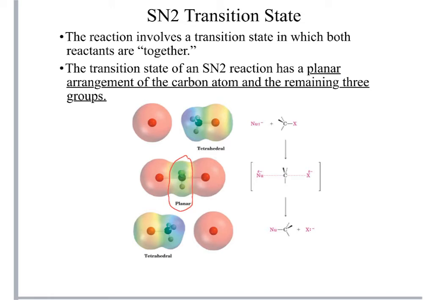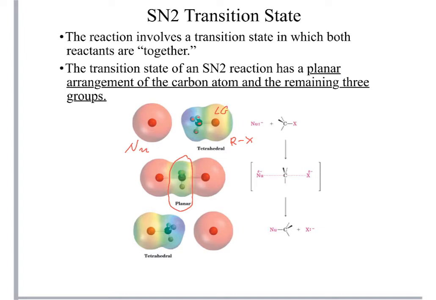So if we take a look at the nucleophile that approaches the alkyl halide in question, the alkyl halide is tetrahedral at the reacting center, we have 1, 2, 3 groups, and we have a leaving group. So this is our leaving group.